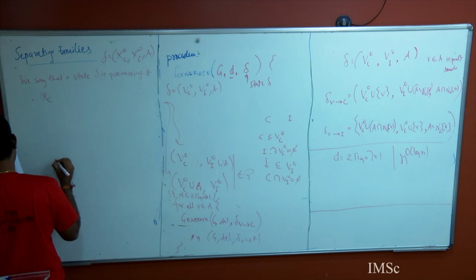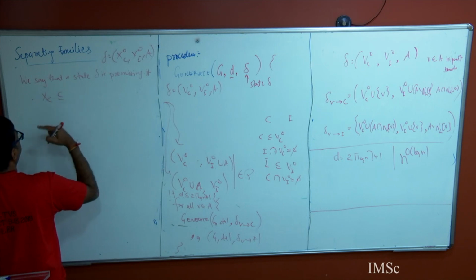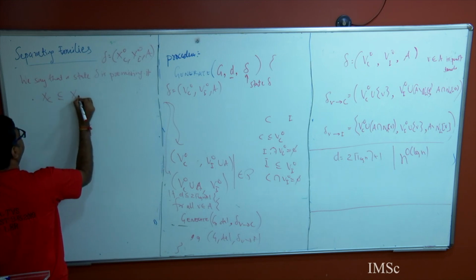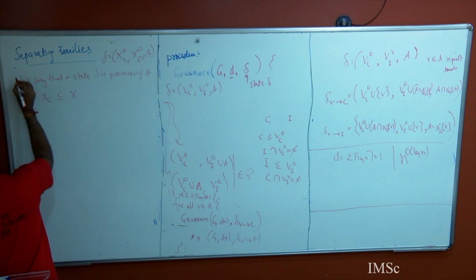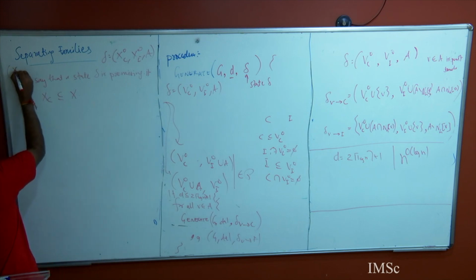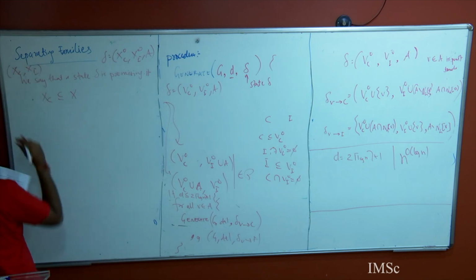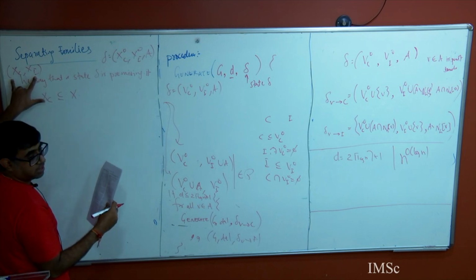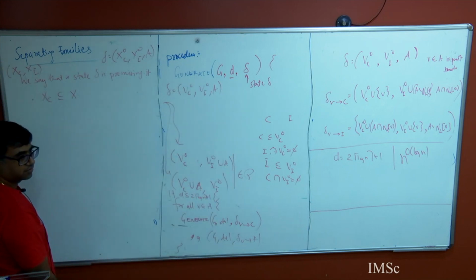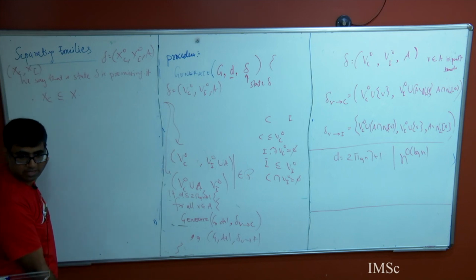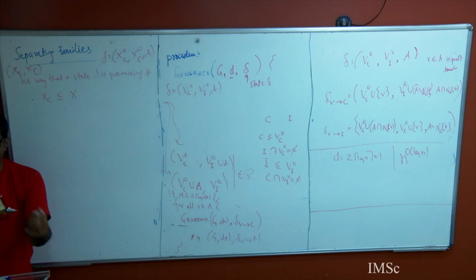XC is a subset of... no. First you fix some clique and some independent set. I have to say that there is a partition where this is completely contained inside something, and this is my job, to show correctness: you give me a clique and an independent set.